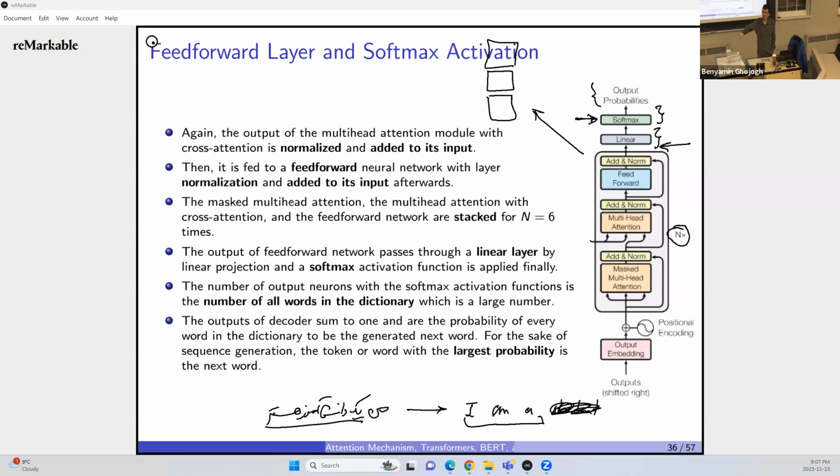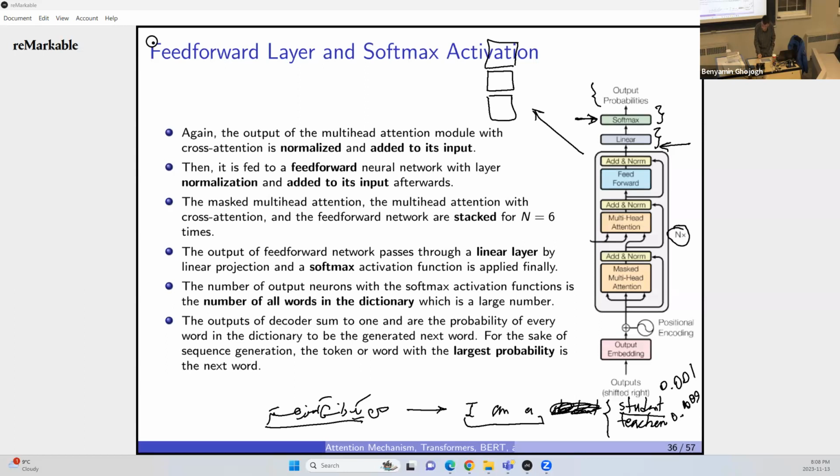Now I calculate the probabilities. So the largest probability is a student with maybe probability 0.0001. Although it's a small probability, it's larger than all of the other probabilities, right? Maybe the next one was a teacher, because teacher is related to a student, but its probability is less than that, maybe 0.009, right?